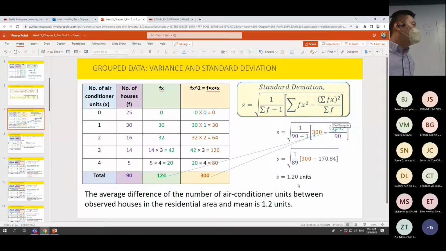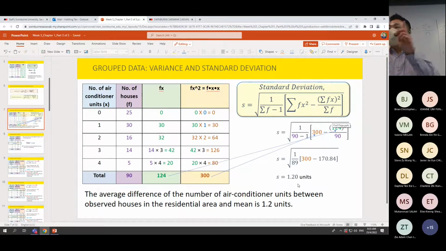This is the average difference of the number of acorns owned by the 90 observed households from the mean, which is equal to 1.2 units. So the higher the standard deviation, the more difference in the number of units of acorn owned by the residents in KL. So far, so good.